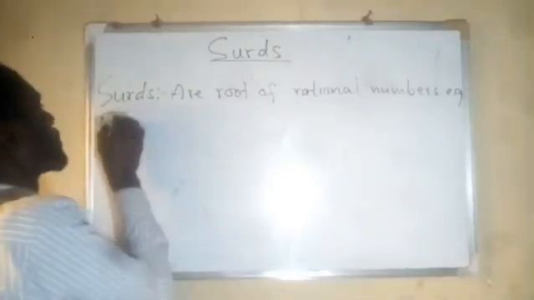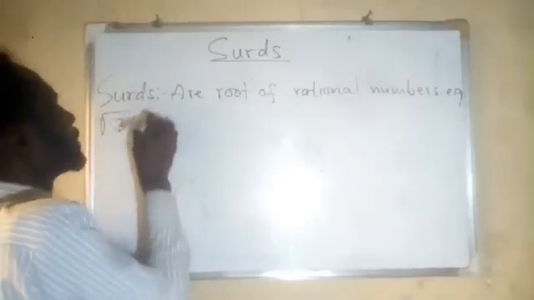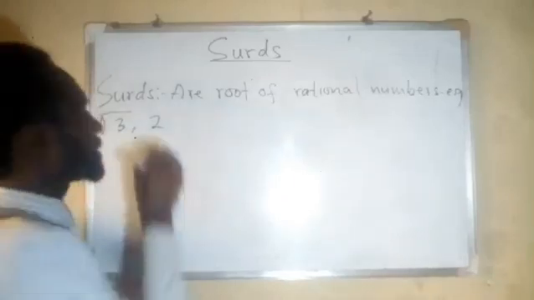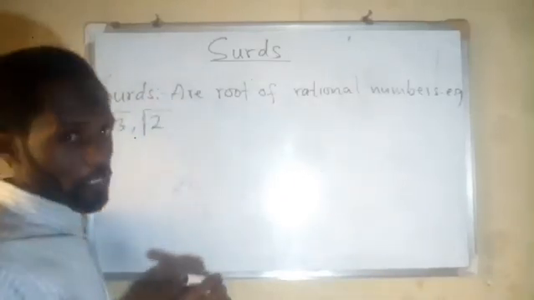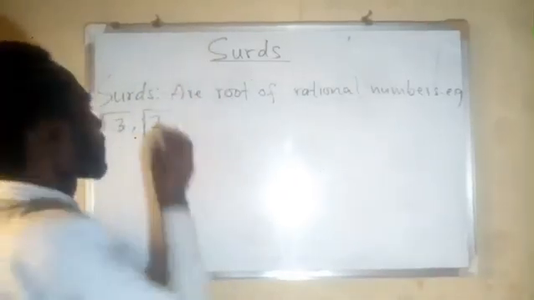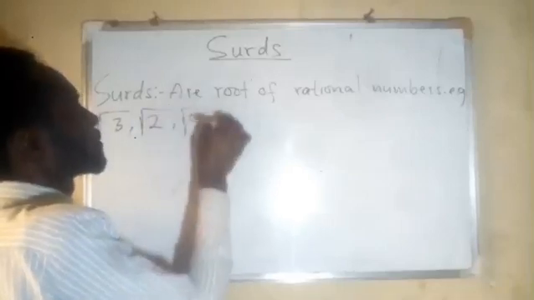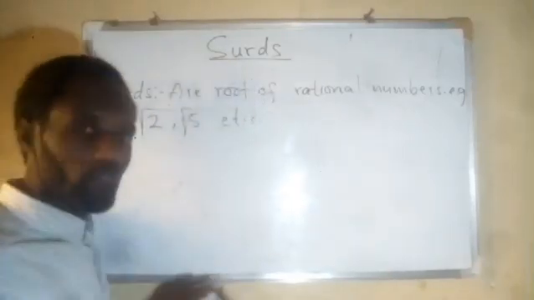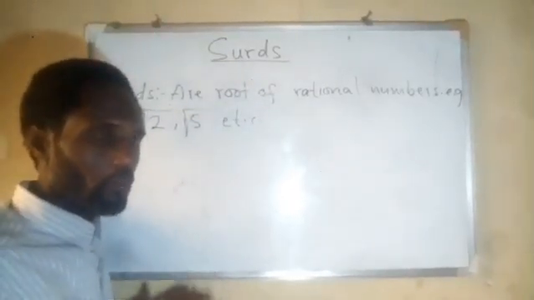Example, root 3. 2 is a rational number. Once you take its root, it becomes irrational and it becomes a surd. Root 5, etc. That's what we call surds.